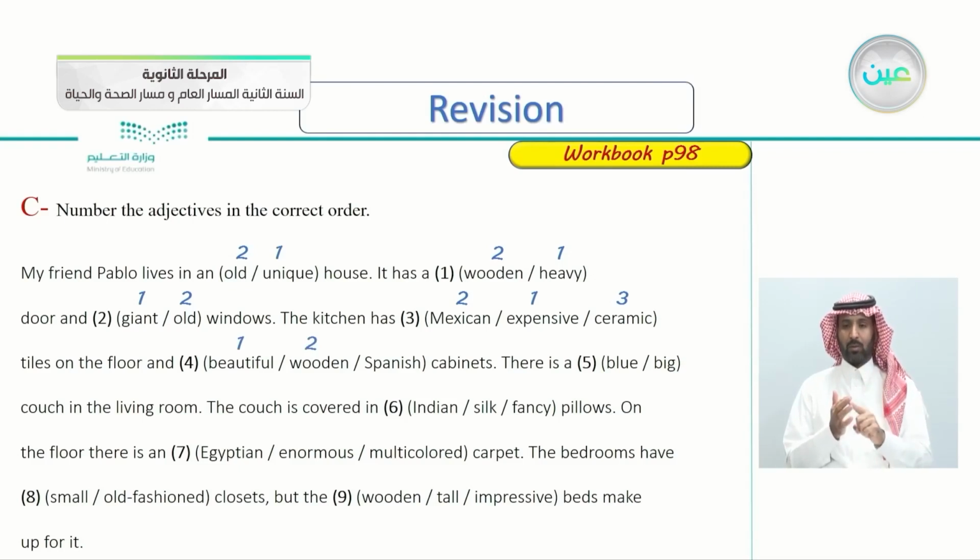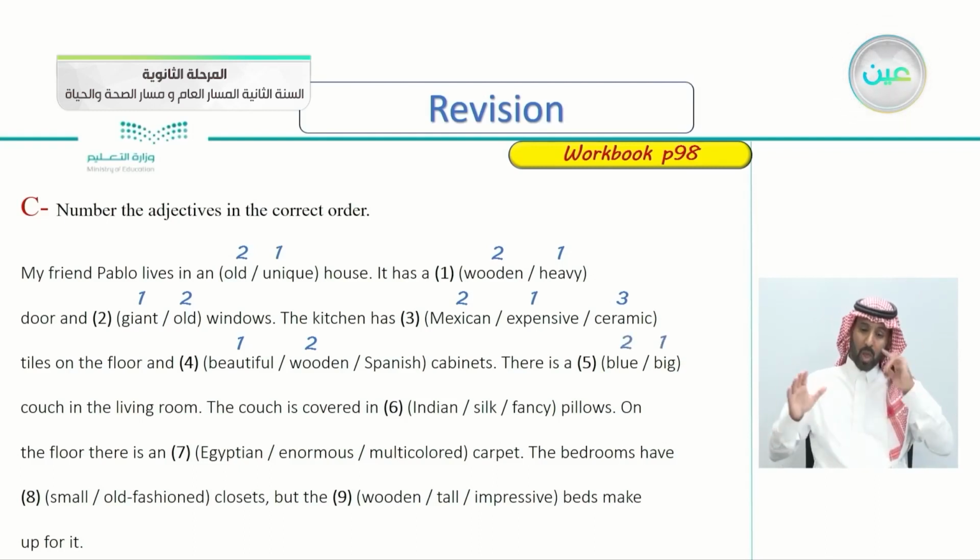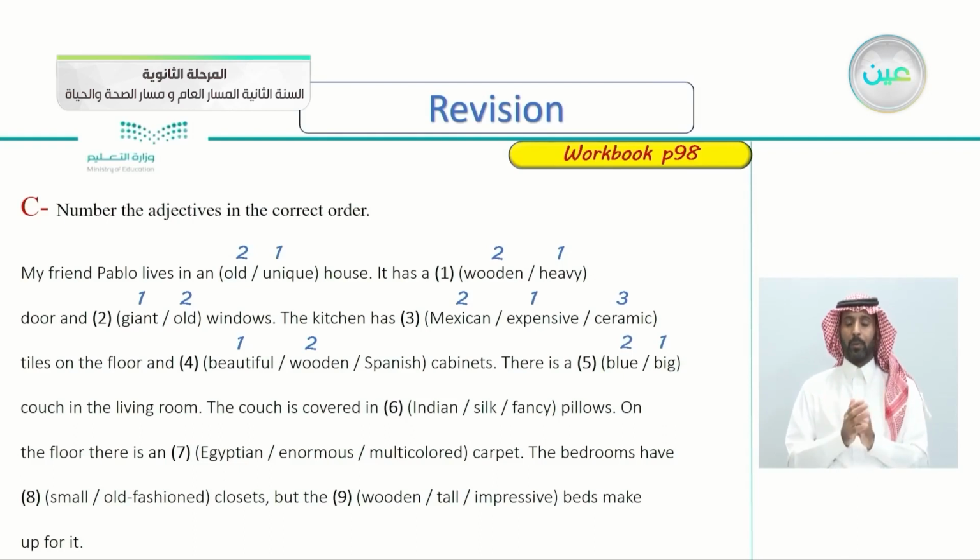So the kitchen has beautiful wooden Spanish cabinets. There is a blue big couch. So there's a big blue couch. So we begin with the size, then the color. There is a big blue couch in the living room.